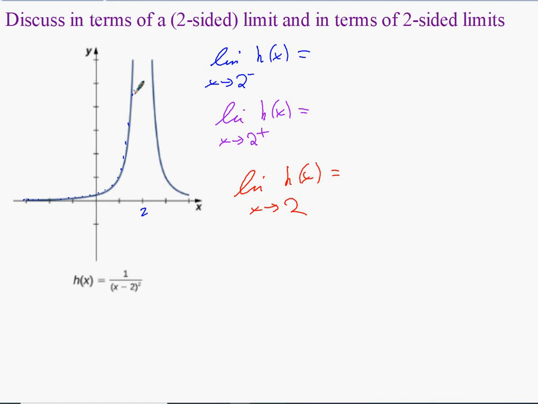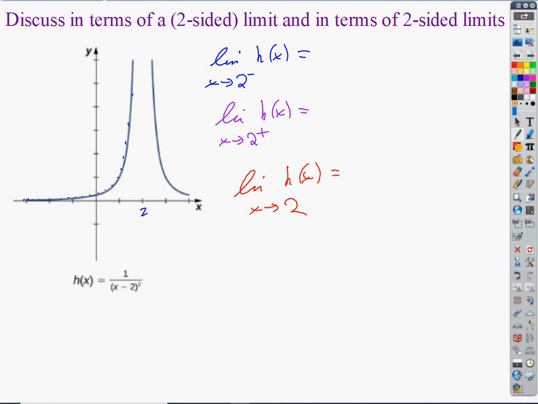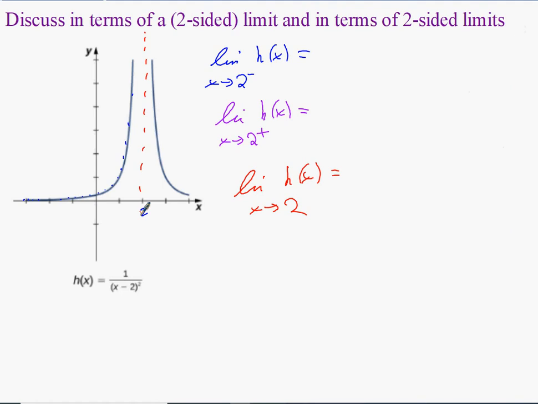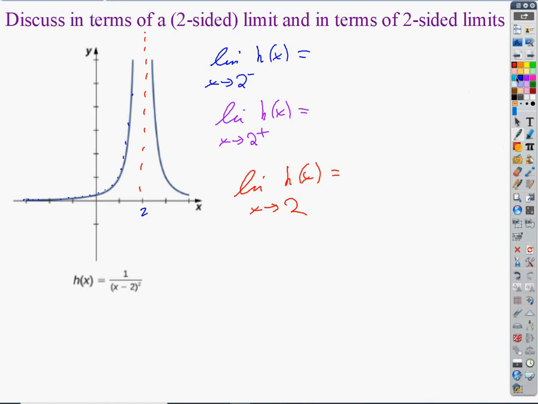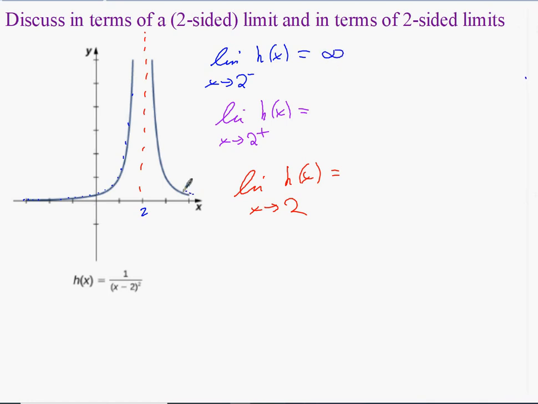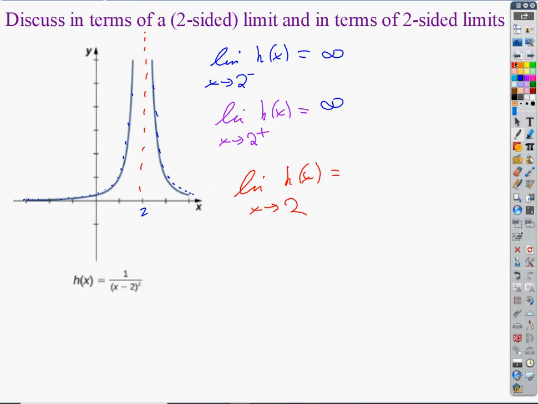So there's a vertical asymptote here where the function is running into this brick wall. So it's just got to keep going up. And so people said infinity. That's a really good answer. Okay, I'll take that answer. Same thing approaching from the right. Everybody agree? Infinity? And so they seem to agree, don't they? It doesn't matter which side we approach from, the answer is infinity.